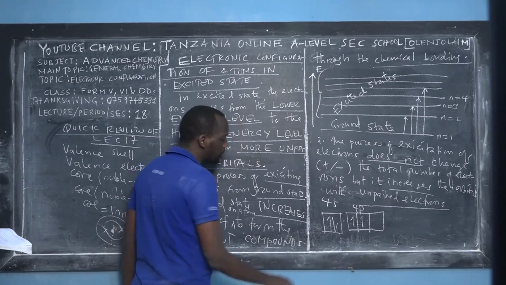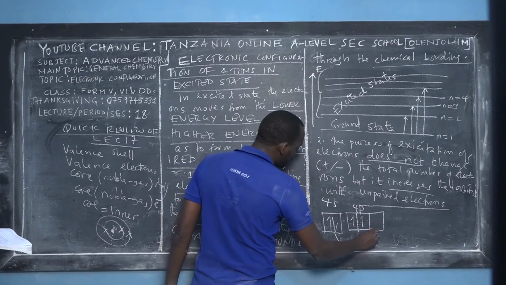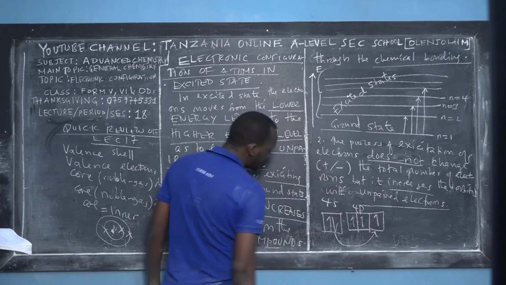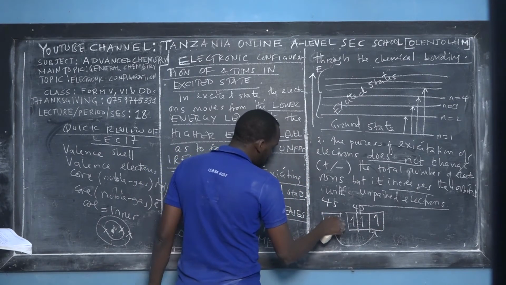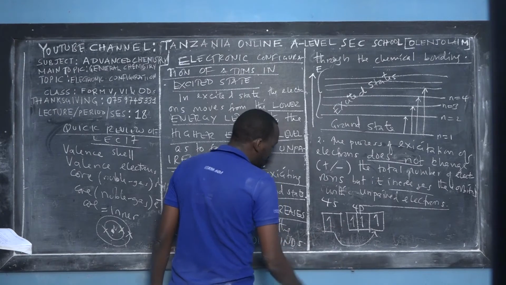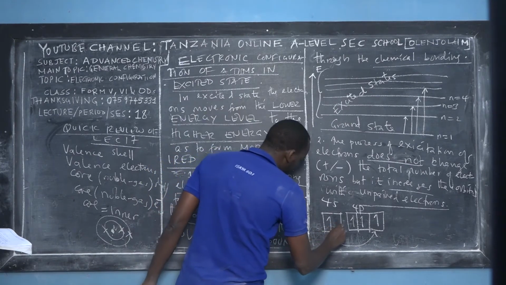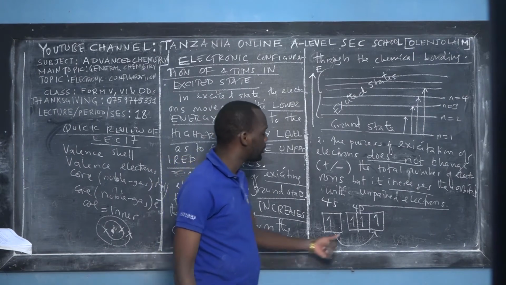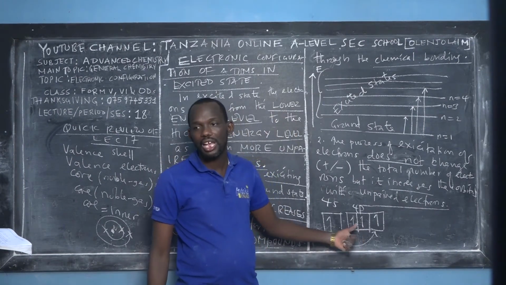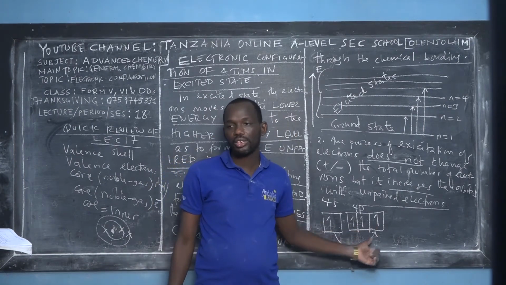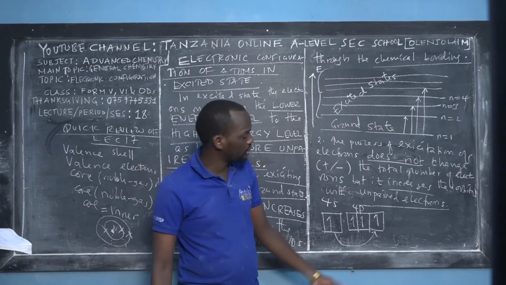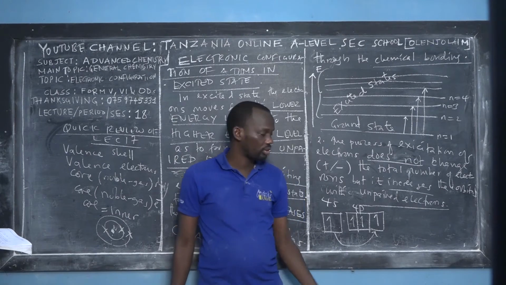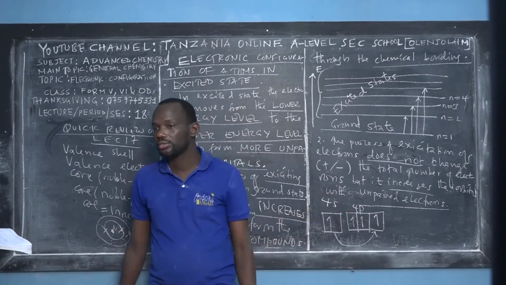When excitation takes place, the electrons shift and come here, and now only 1 electron remains like this. Before, only 1 sublevel contained unpaired electrons. Now 2 sublevels contain unpaired electrons, so the number of unpaired electrons increases. This is what's happening.